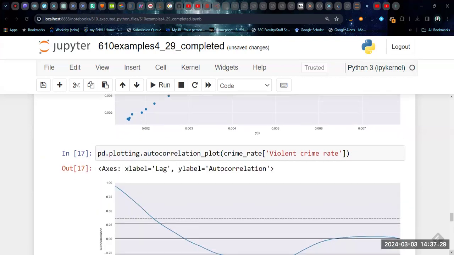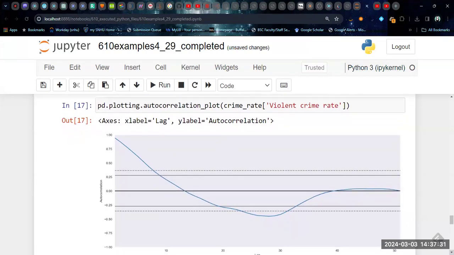It looks a little different in pandas than it does in some other functions. But the idea basically is you want to plot consecutive observations and calculate the correlation between values that have one time step between them, two time steps between them, three time steps between them, and so forth, and see how they're related to each other.